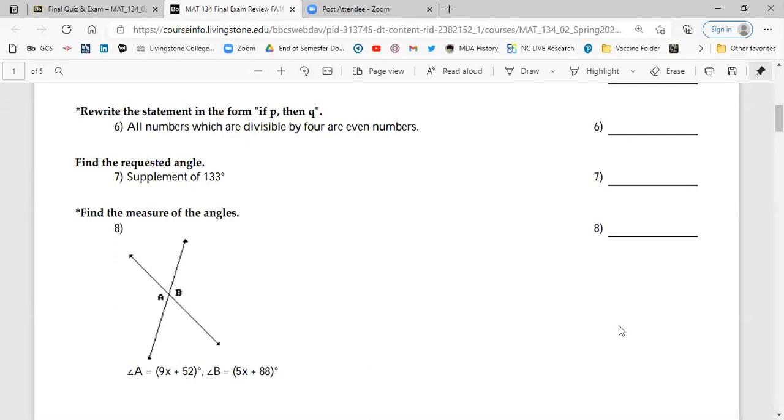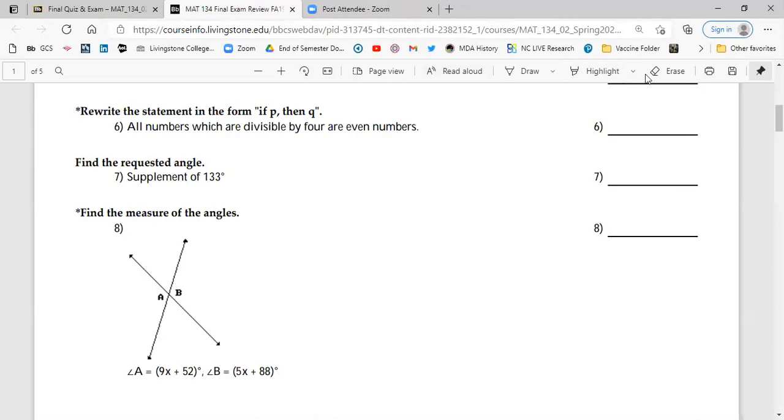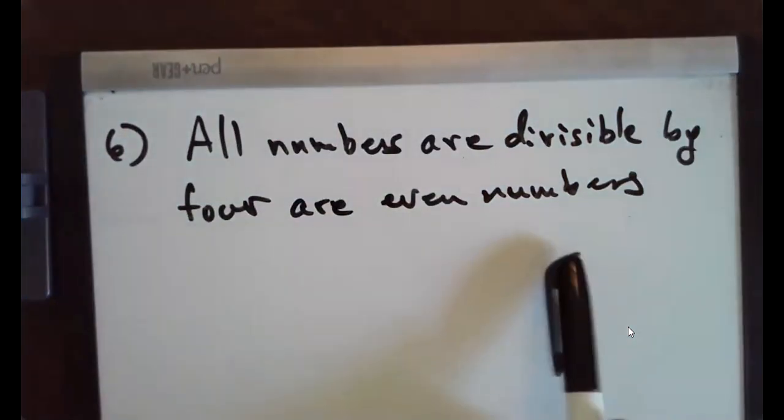Okay, so let me let Joseph in. Okay, welcome, Joseph. All right. So let's switch the screen here. Okay, so all numbers are divisible by 4 are even numbers.